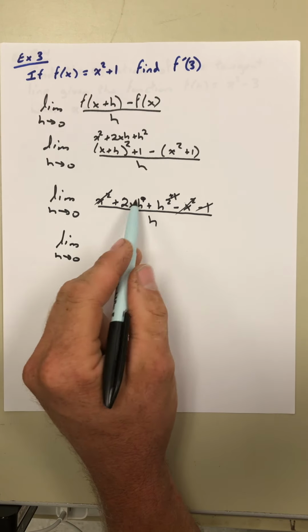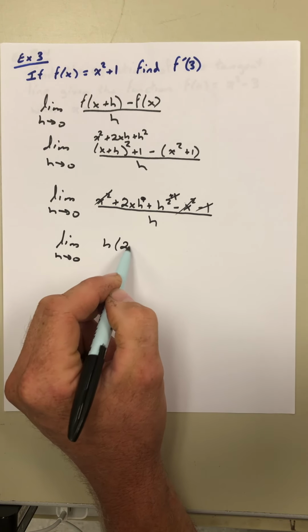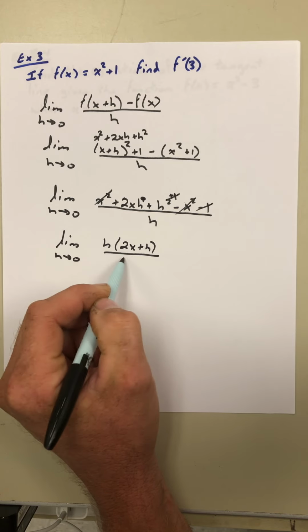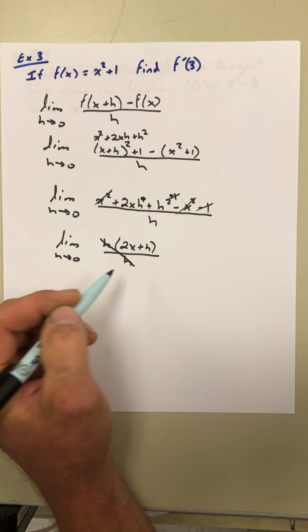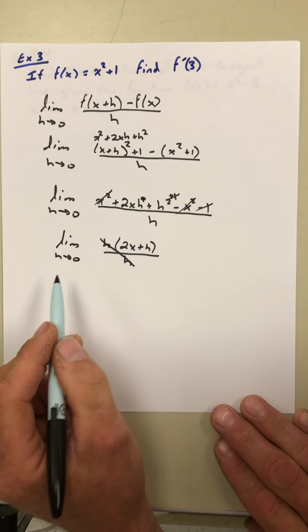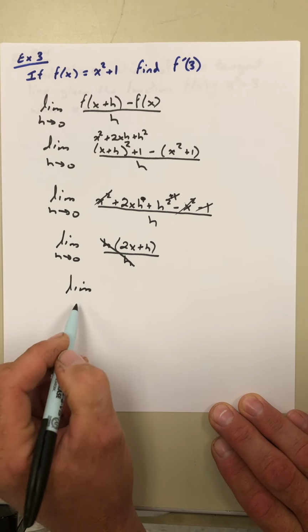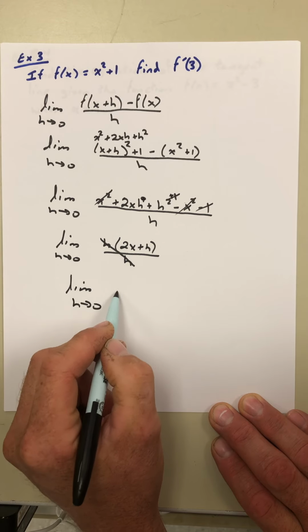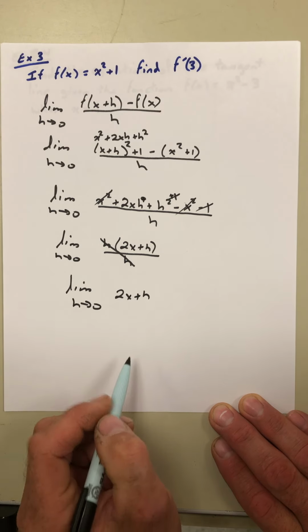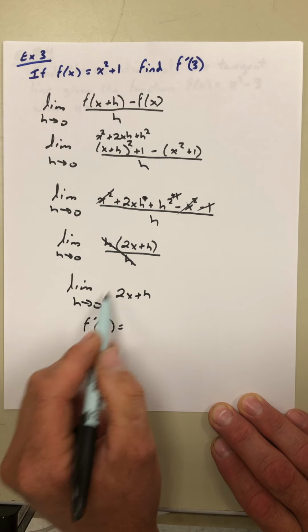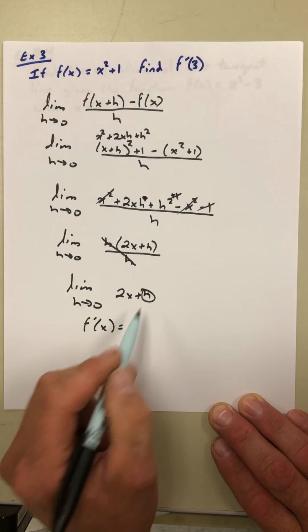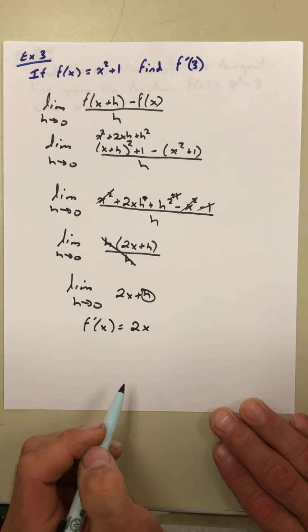So I can factor out an h now of what's left over. I have 2x plus h in the numerator, divided by h. My h's will now cancel. So now I have the limit as h goes to 0 of 2x plus h. So as h goes to 0, we replace that with 0, and we end up with 2x.